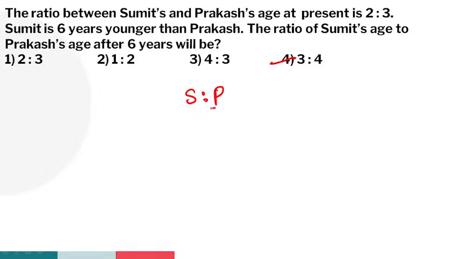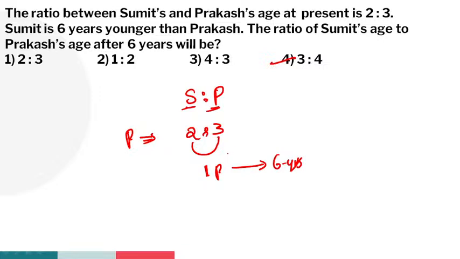Sumit and Prakash, the ratio is how much? 2 is to 3. This is the present age ratio. Sumit is 6 years younger than Prakash. When it says younger or less, we check the difference. The difference between 2 and 3 is 1 part, and 1 part is equal to how many years? 6 years.